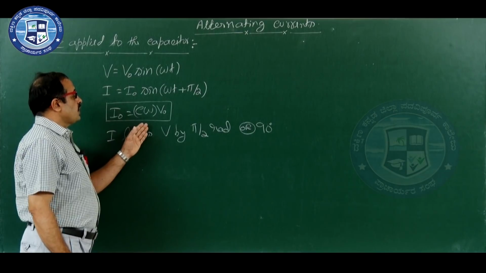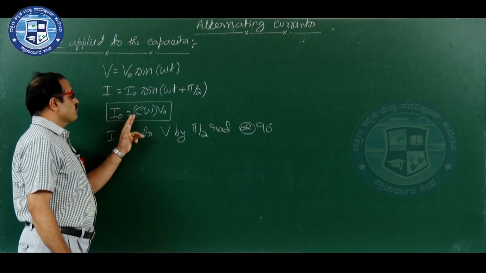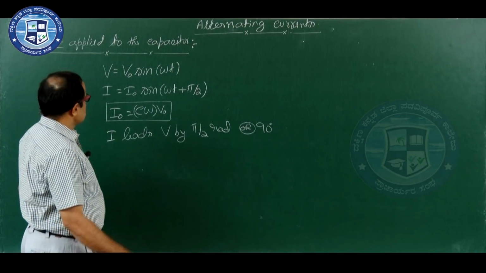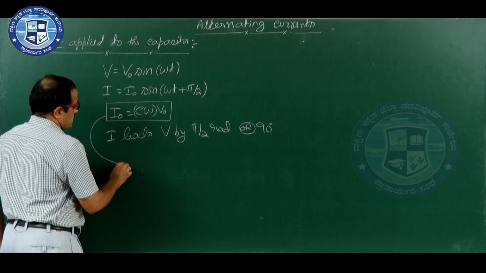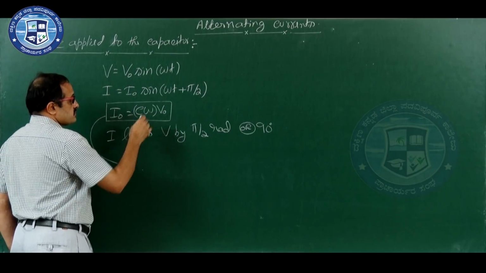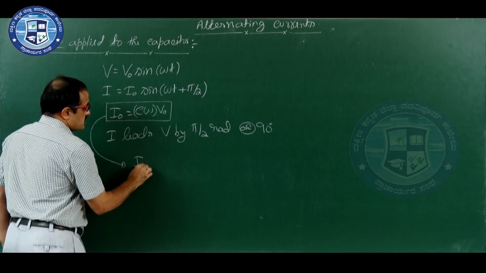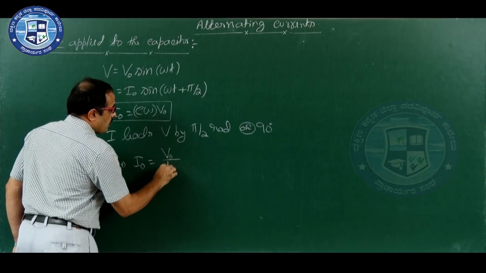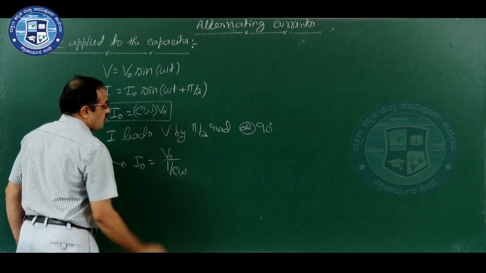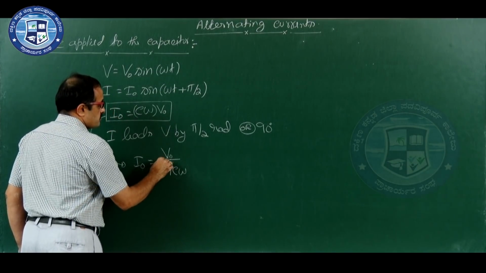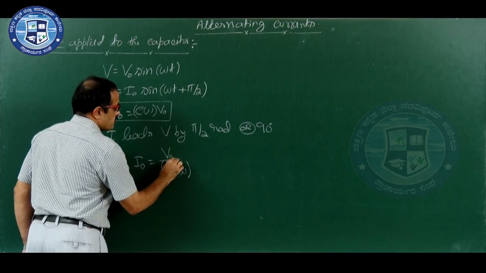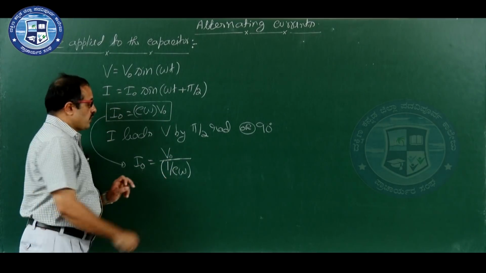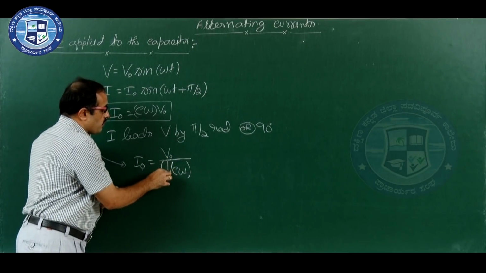Now, we discuss this I naught is equal to C omega into V naught. Take this equation and rewrite it in another way: I naught is equal to V naught divided by 1 by C omega.